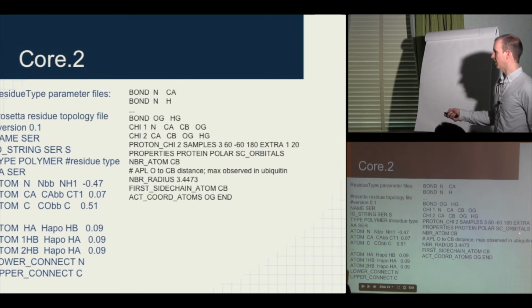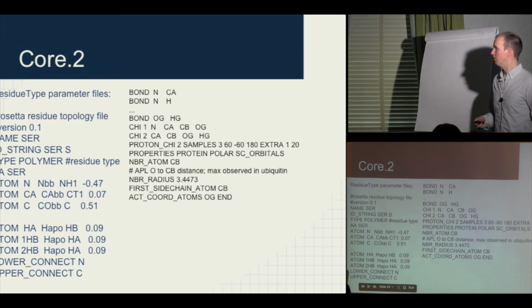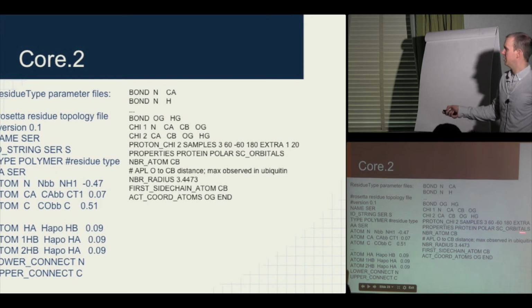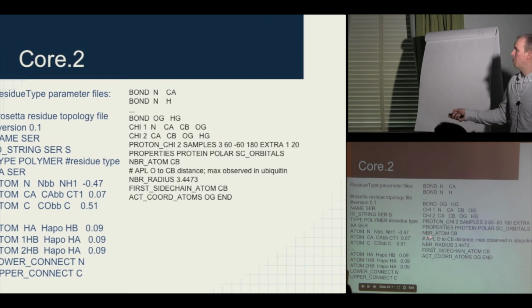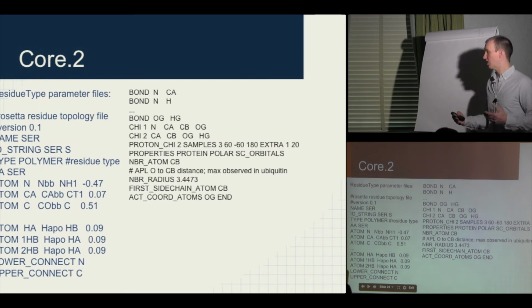There are additional properties that you can give it. For instance, this one is polar, and its side chain has orbitals. If you're working with Stephen Combs' orbital code, it needs to have this information. You define a neighbor atom, which is used to figure out whether 2 residues are within striking distance of each other, such that they would have an interaction energy.